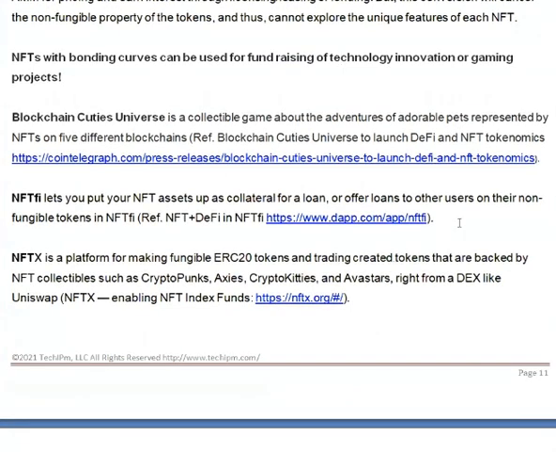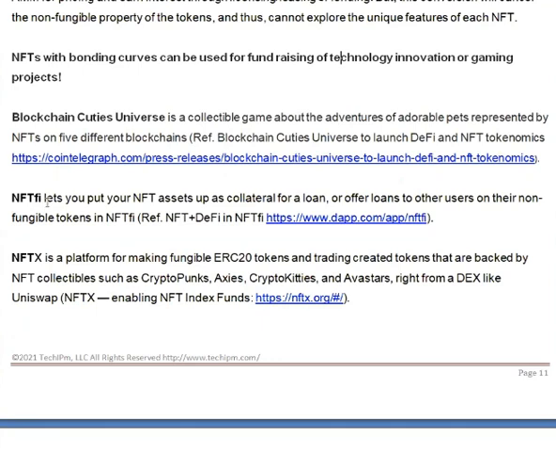Here I provide some example projects. Blockchain Cuties Universe is a collaborative game that integrates DeFi and NFT in a game space.